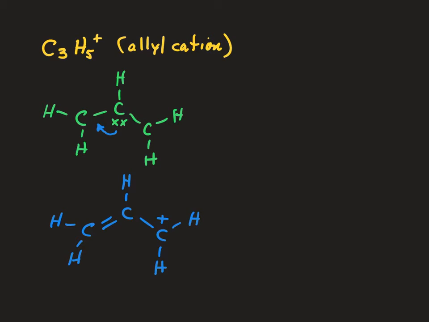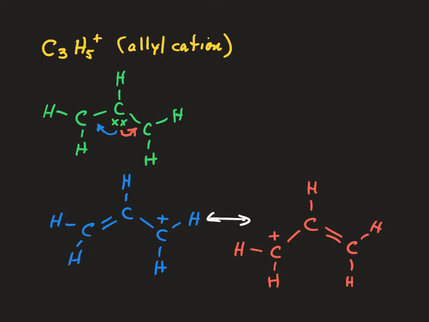We also could consider the electrons go this way, giving us a structure like this. Giving the right carbon the octet, but leaving the left carbon electron deficient, and then the formal charge lies there. And again, we have a situation where we have two resonance structures.